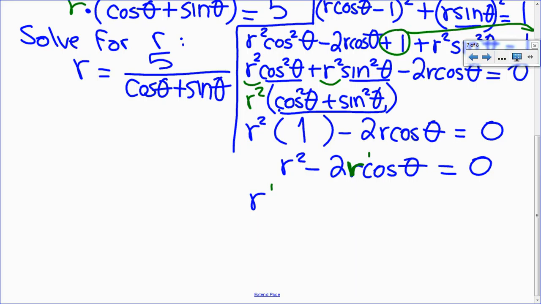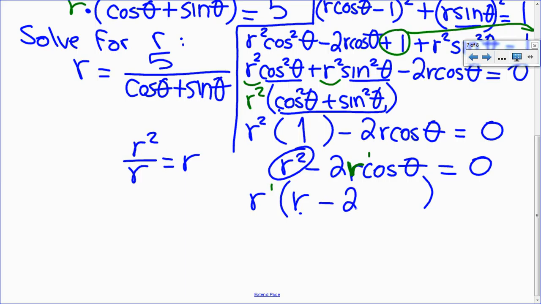So if we factor r, then we get r, like r squared divided by r. And if we factor out r from here, we will get minus 2 cosine theta. And that is equal to 0.